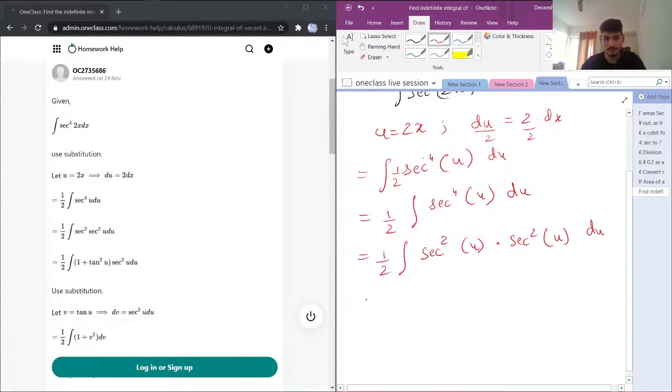Now I will use a trigonometric property which states that 1 plus tangent square u equals secant square u.